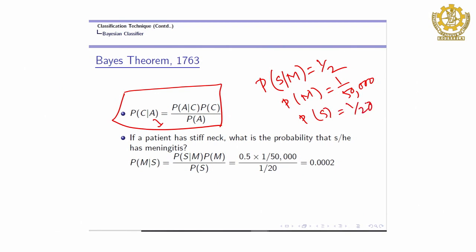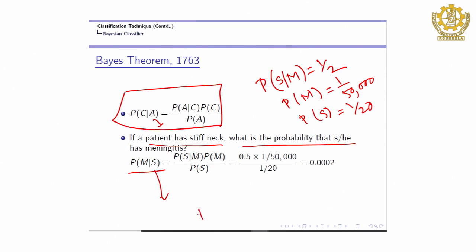Now, we want to find, if a patient is having the stiff neck, then what is the probability that the patient is having meningitis. So, it is the same problem here.